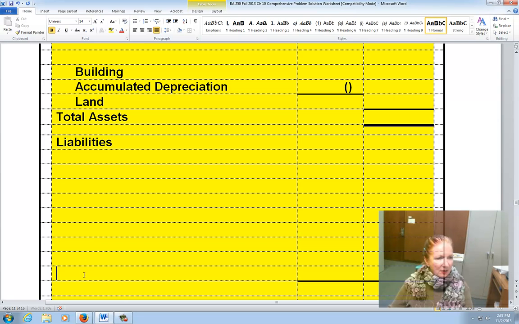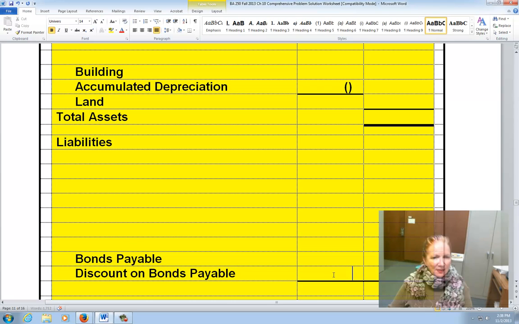And down here, you're going to have bonds payable, and discount on bonds payable, and the discount on bonds payable then is also going to have brackets around it, and will give us a book value on those bonds payable.